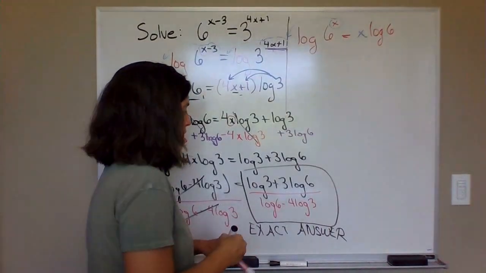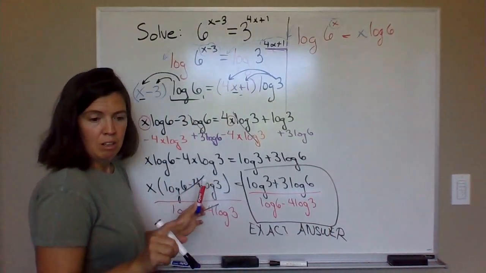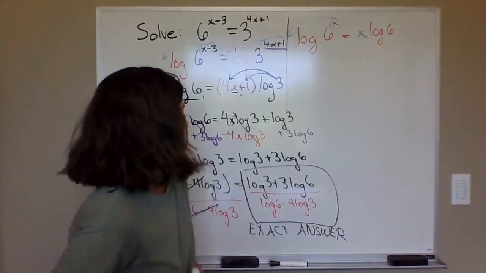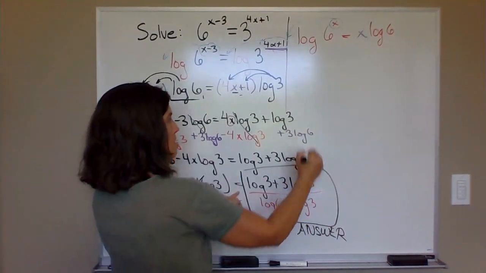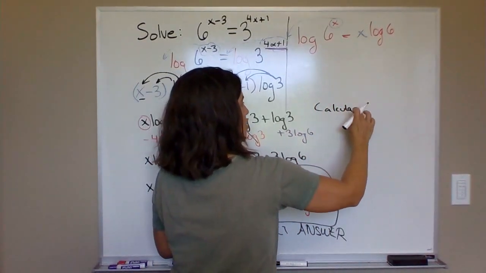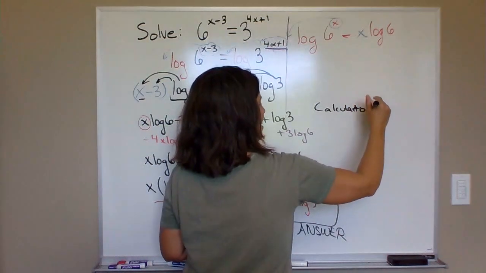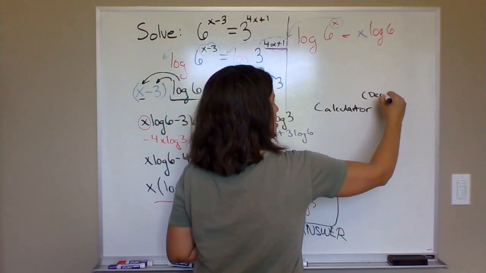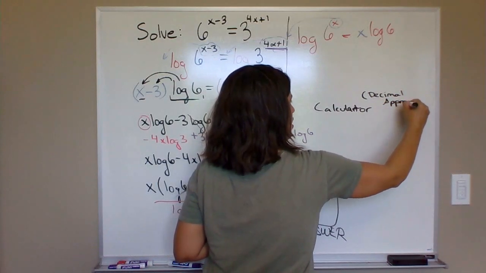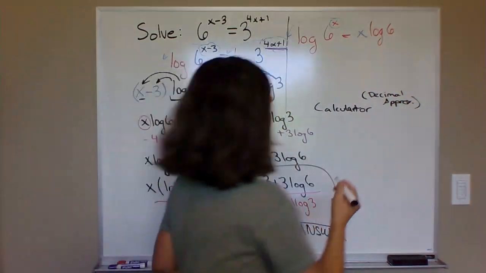When you input this into your calculator, you're going to need to use parentheses correctly. So if I'm entering this into the calculator to get a decimal approximation, here's how I would enter it.